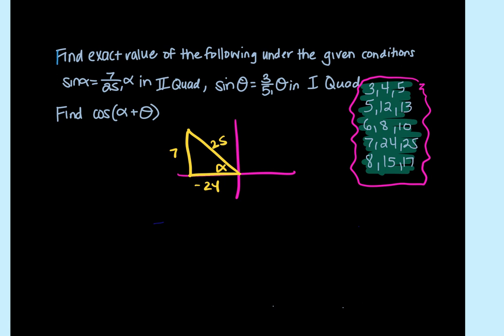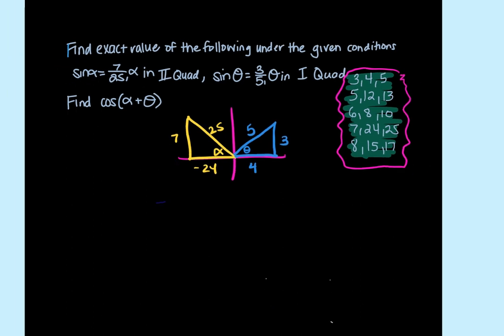So be really careful. Then theta is in quadrant 1, so I'm going to go right and up. Opposite is 3, hypotenuse is 5, missing side is 4. Positive because we're in the first quadrant.